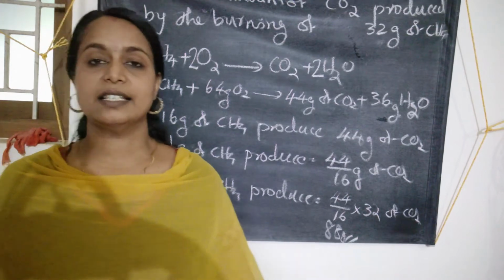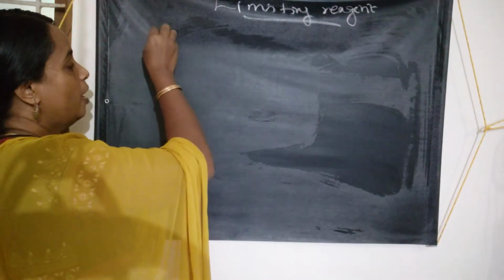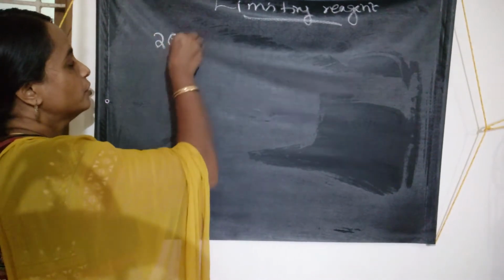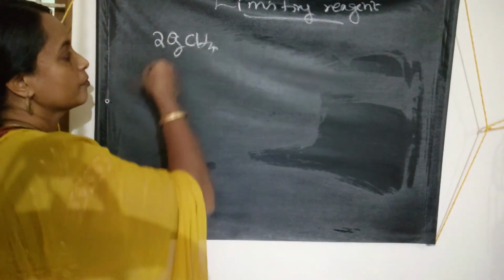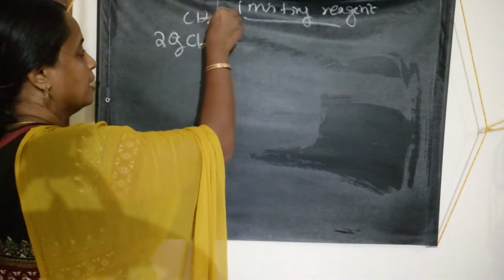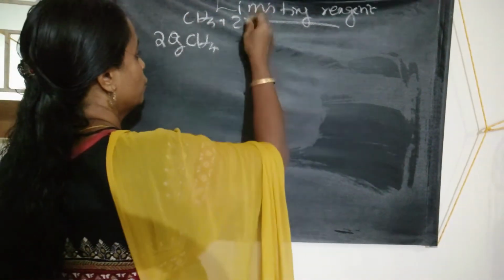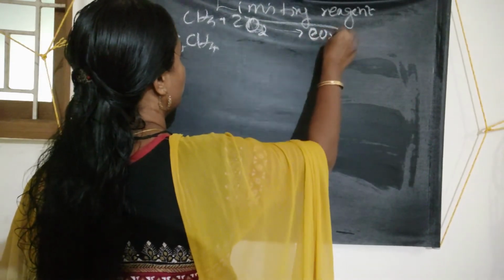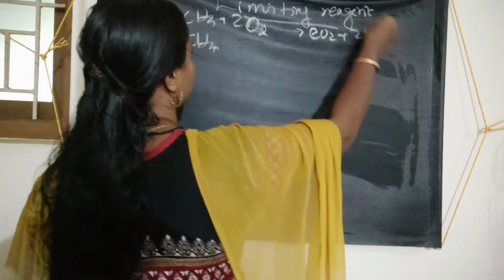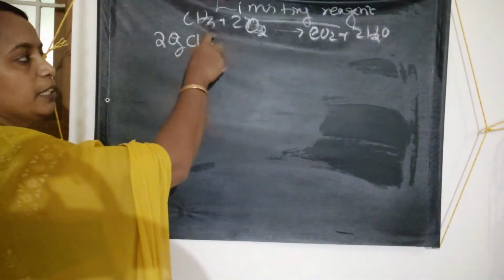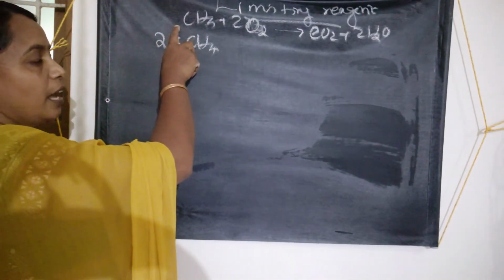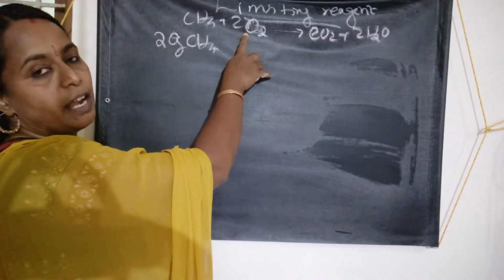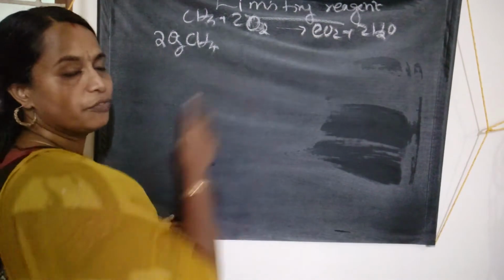The next is limiting reagent. If you have, in place of 16 grams, 20 grams of CH4. This CH4 plus 2O2 gives CO2 plus 2H2O. From this expression, for 16 grams of CH4, 64 grams of oxygen is needed for completion of the reaction.